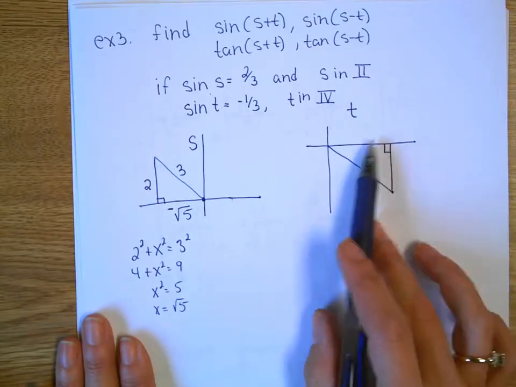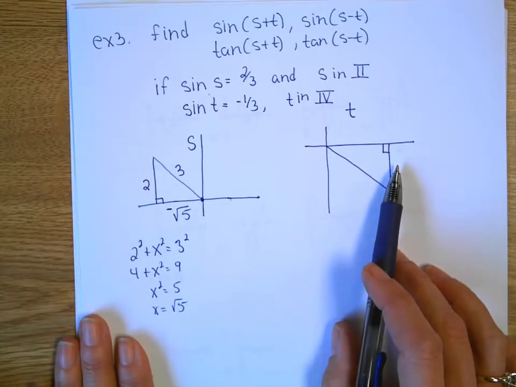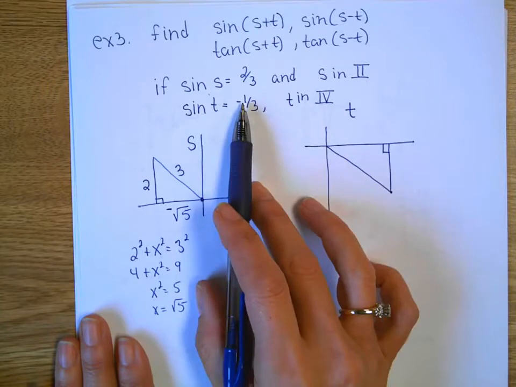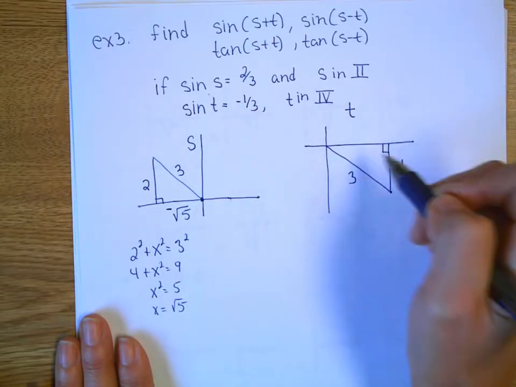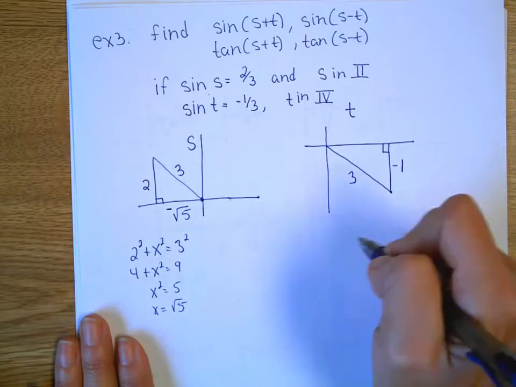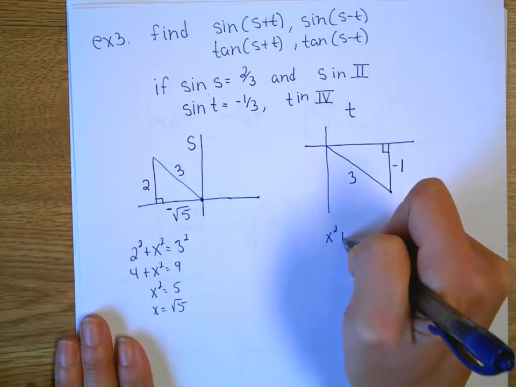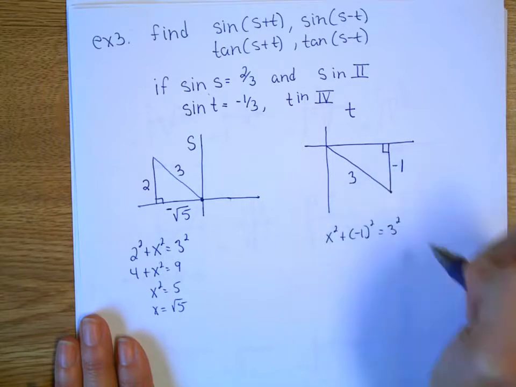So, what do I know about triangle T? We know the y and then the hypotenuse. Yes, the opposite is a negative 1. The hypotenuse is a 3, and the x side is going to be positive. So now we just do a little Pythagorean theorem to find that. x squared plus negative 1 squared equals 3 squared.